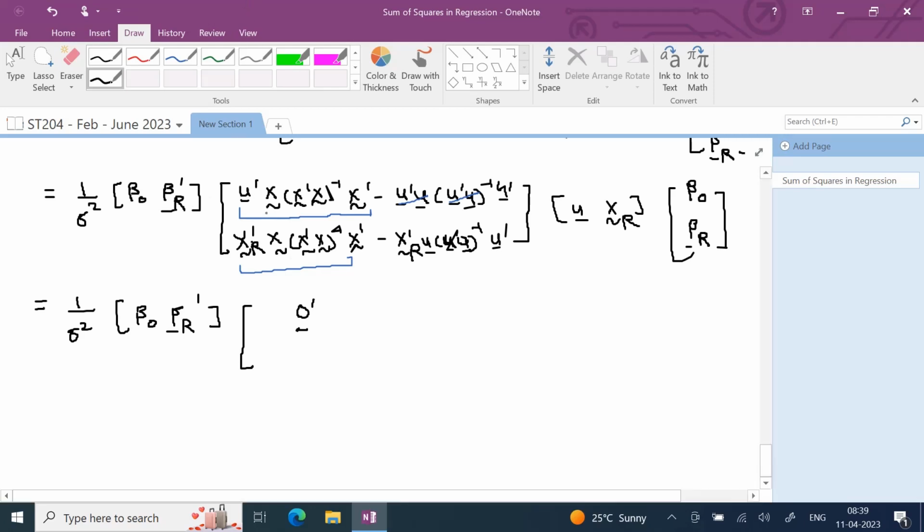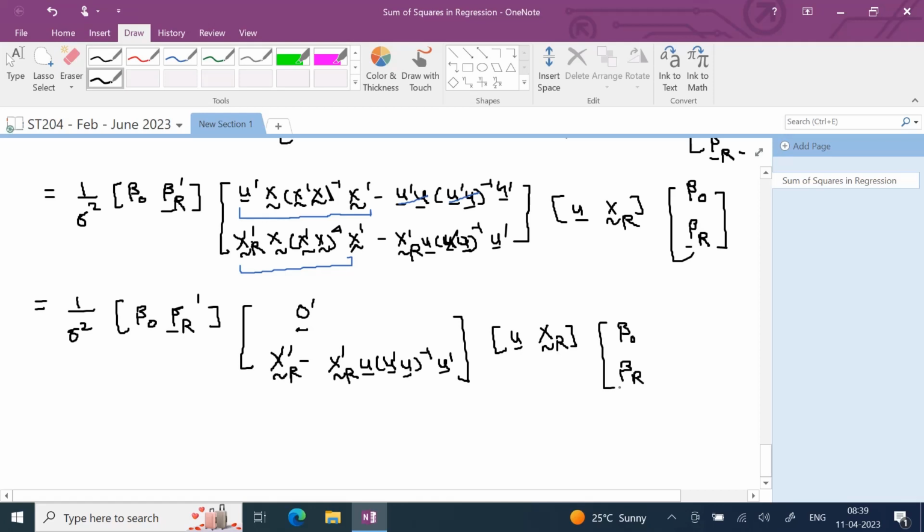From the same result of partition matrices, this will become X r prime. The second term I will keep as it is. So I have X r prime U, U prime U inverse U prime. And then I have this U X r, and this beta naught beta r.